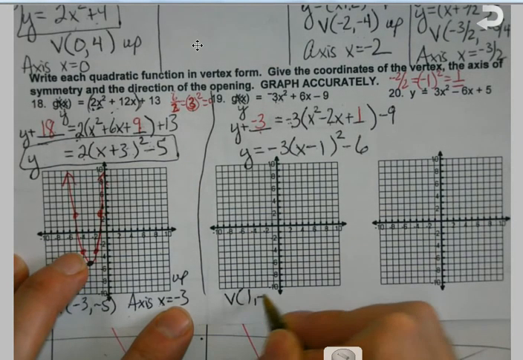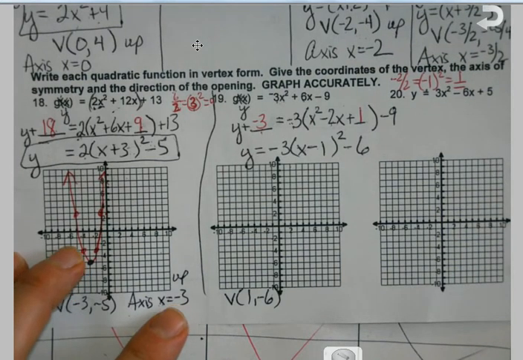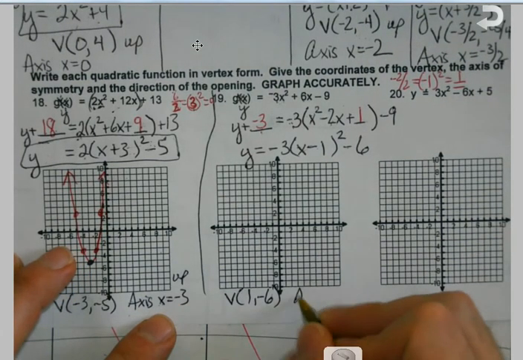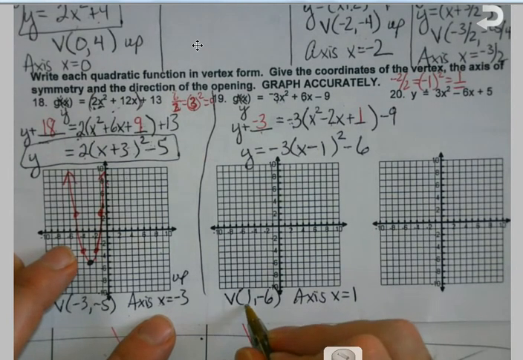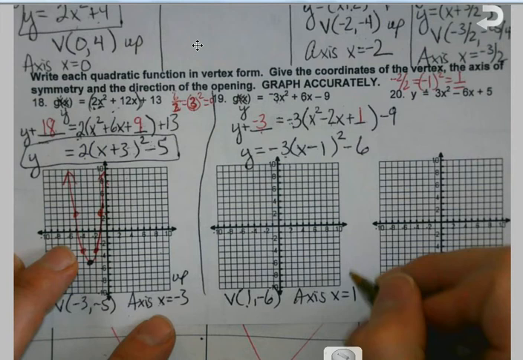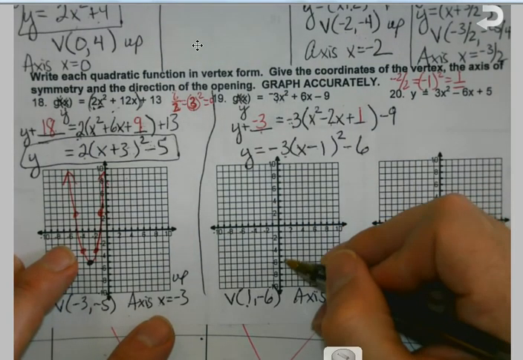And I can get my vertex, which is the key, because then it makes it easy if I'm looking in the table of the calculator or any other thing. My axis is at x equals 1, my x value of my vertex. And since I have a negative a value, I know this guy is going to be opening downward.